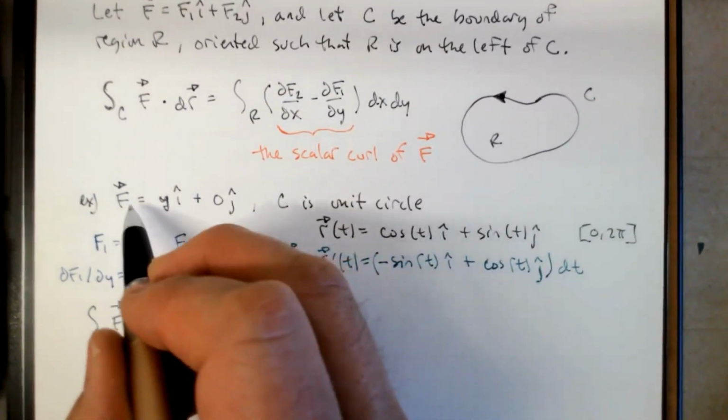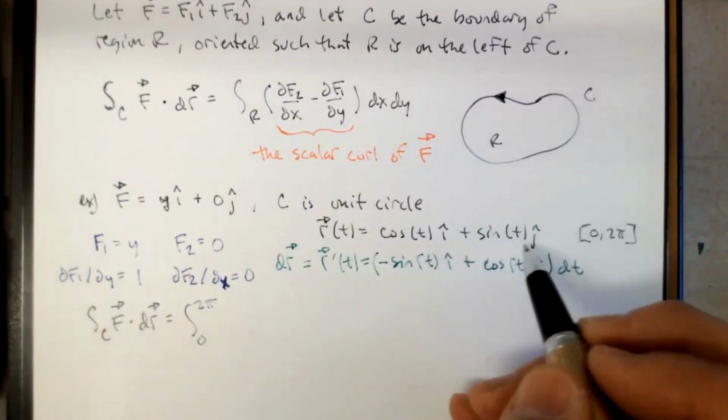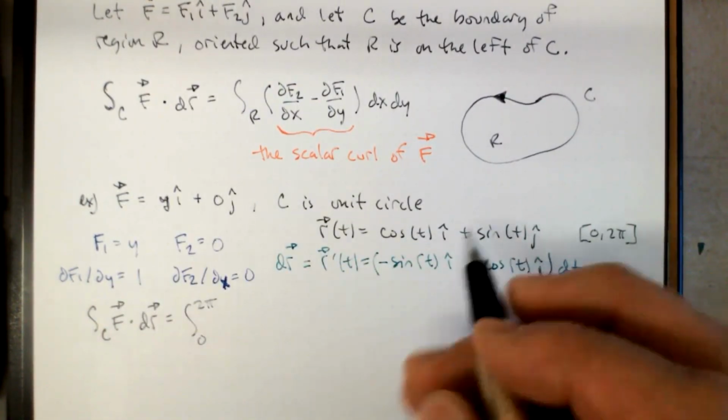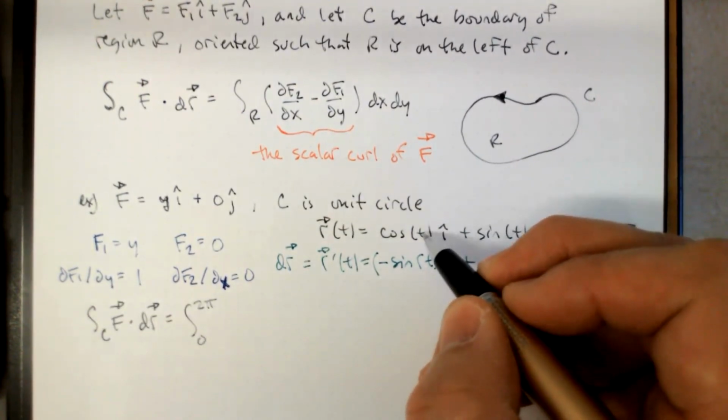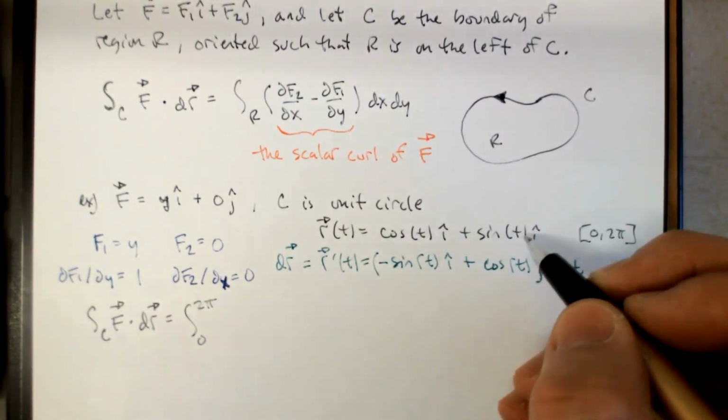So we'll have the vector field evaluated at all the points on the unit circle. So here x is cosine of t and y is sine of t.